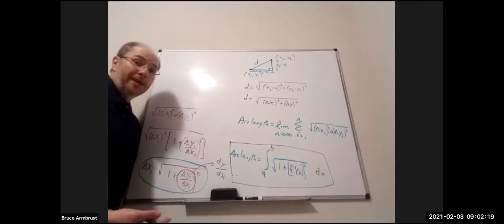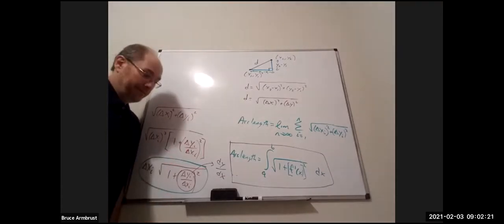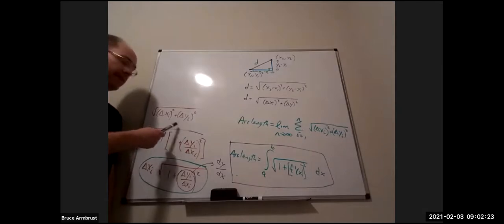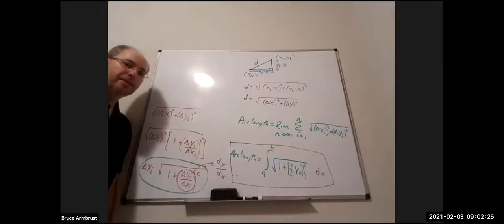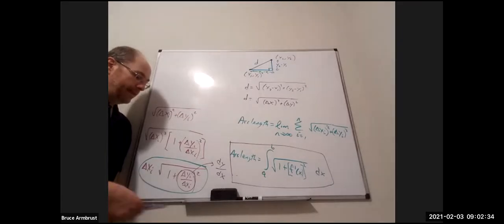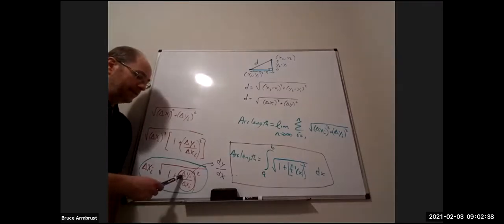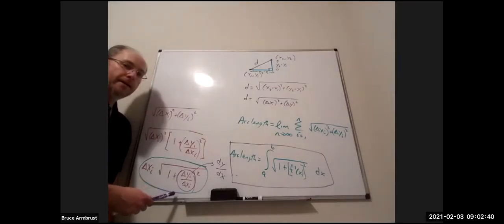Now, before we do it, though, I want to point out something else. Remember when I started here, I divided out a delta xi squared? I could have just as easily pulled out a delta yi squared, and things would have played out kind of the same. It just would have been a delta xi over a delta yi.